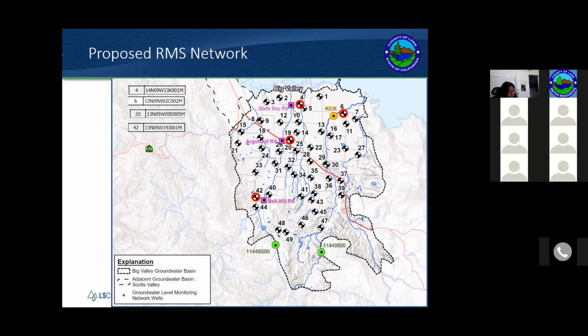We hope those will continue, or we would like to propose they be adopted into the monitoring network and monitored into the future. The USGS gauge on Kelsey Creek provides very important flow values.